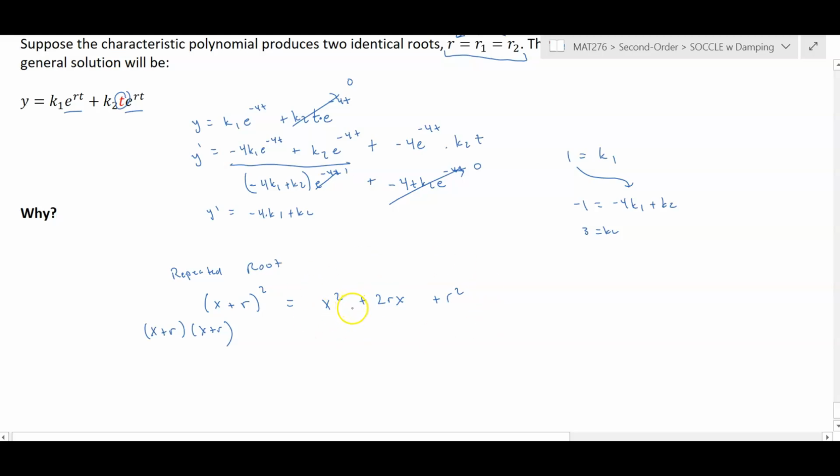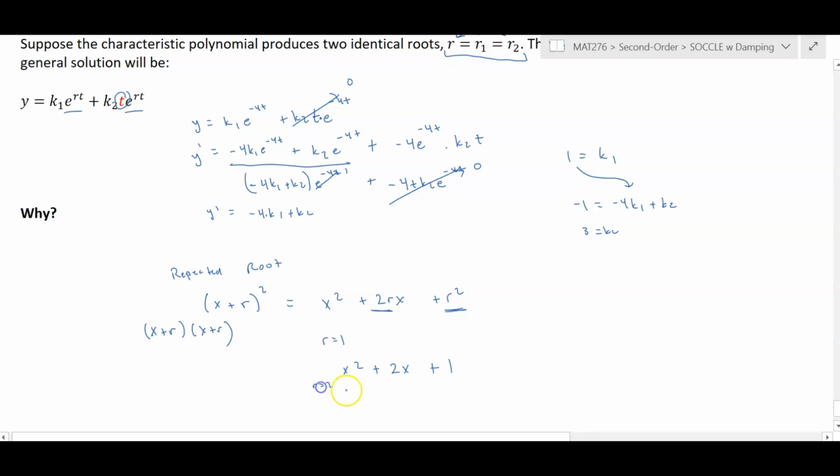And what we want to illustrate is that in situations where this guy is twice the value of r, and this is the r squared. So notice that if r was equal to 1, for example, what we would have is x squared plus 2x plus 1. Okay, that's a perfect square.